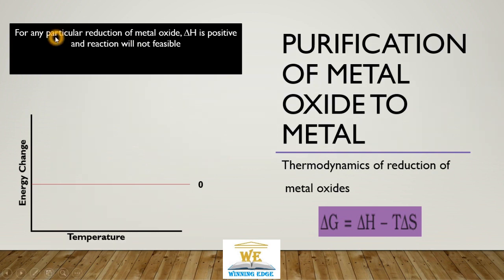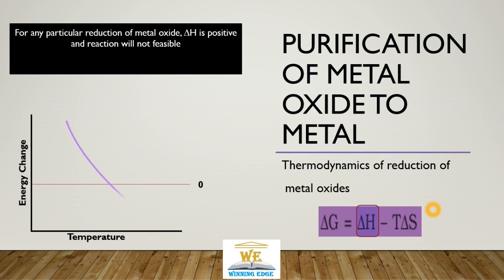For any particular reduction of metal oxide for which delta H is positive, meaning change in enthalpy will be positive, the reaction will not be feasible. So for such reactions, if delta H is positive, to make it spontaneous it must be compensated by T delta S, change in entropy and temperature.